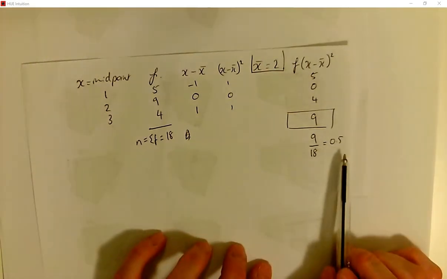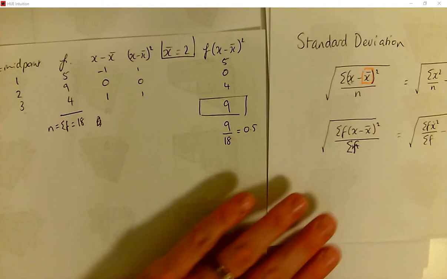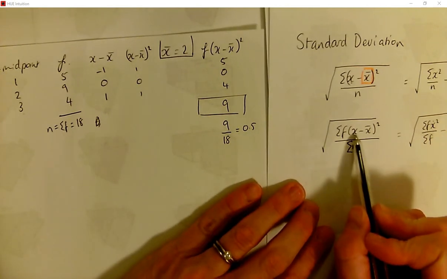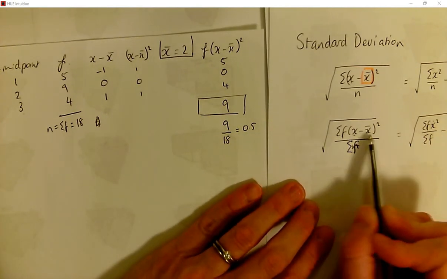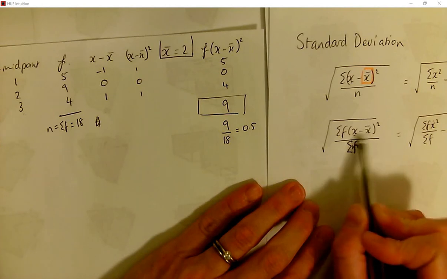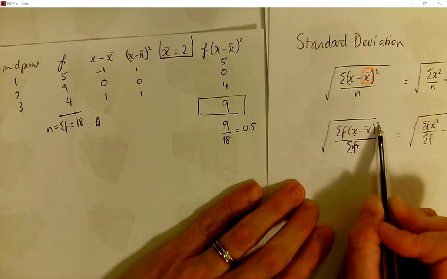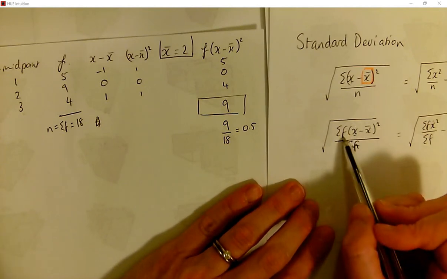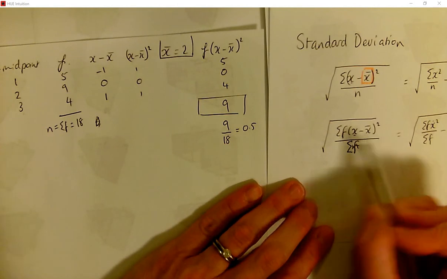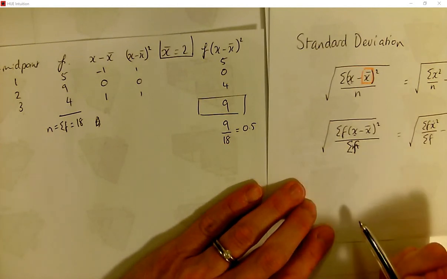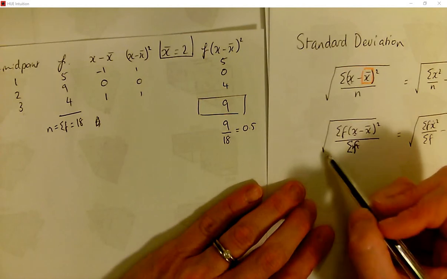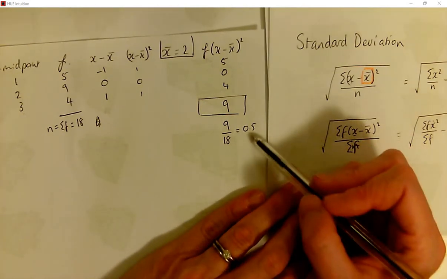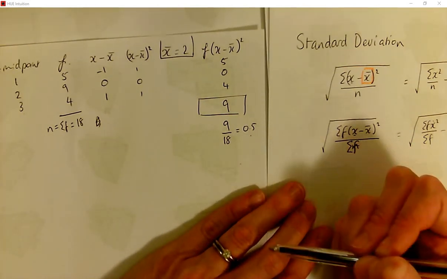So the variance this time, let's go back to the formula just to see. We do what is the mean, how far from the mean is each midpoint or each number, then we square them, and then we find the average, which means we need to do the frequency times our value, add them up and divide by how many there are. And then at the end you would square root to get from the variance to the standard deviation.